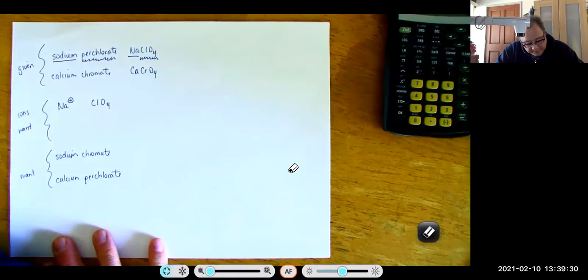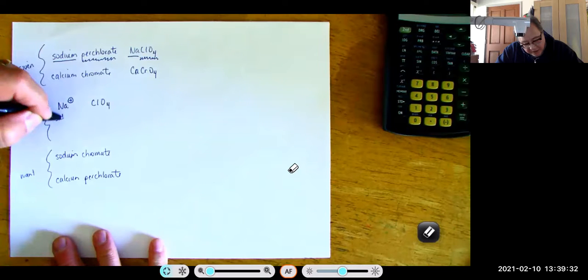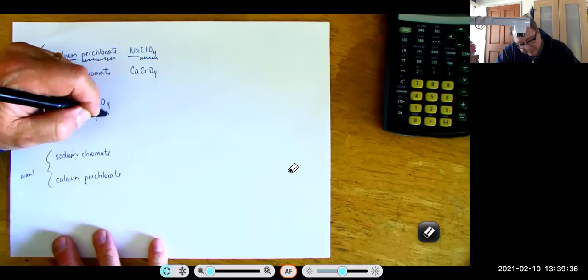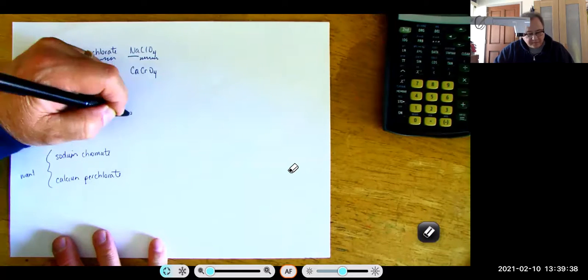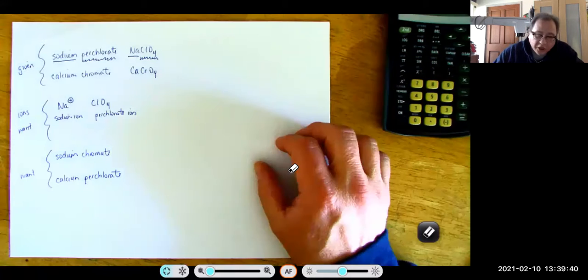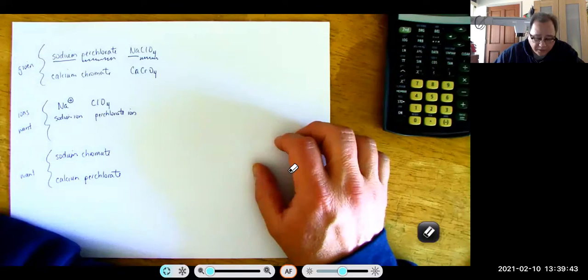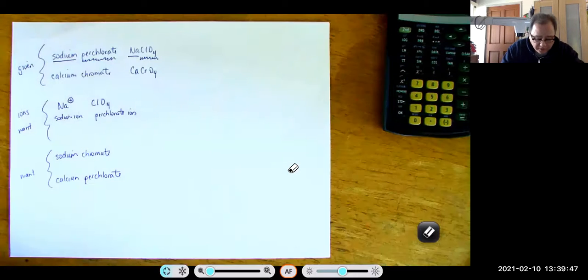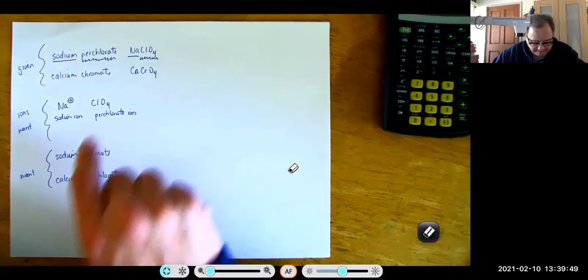So sodium ion, perchlorate ion. Now, what does the charge on the perchlorate have to be when the whole ionic compound has to be neutral? What does that charge have to be? Negative.